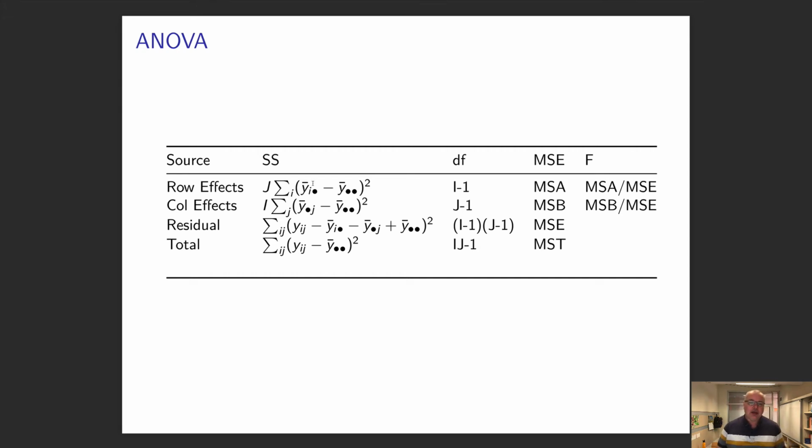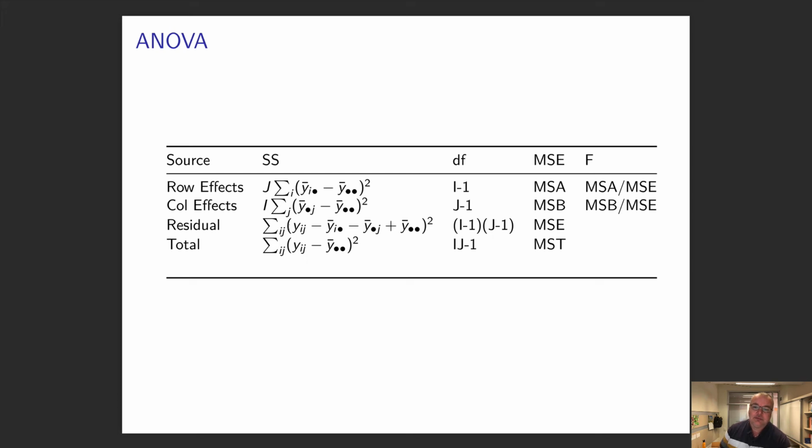For the first predictor, how many sample means are there? There are I of them, minus the one overall mean, so I minus 1. For the second, there are J minus 1. You might say it doesn't work for the residuals, but it does, because you've got IJ minus I means minus J means plus 1. If you expanded this, you'd get IJ minus I minus J plus 1.